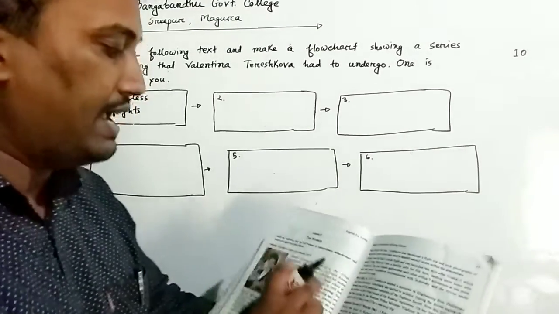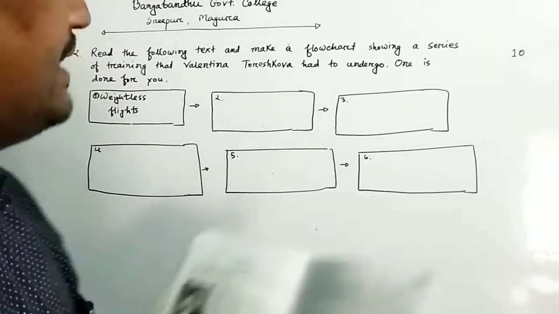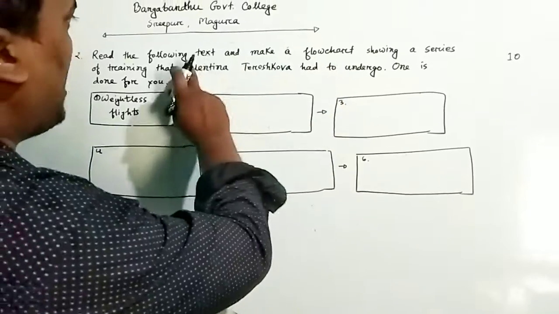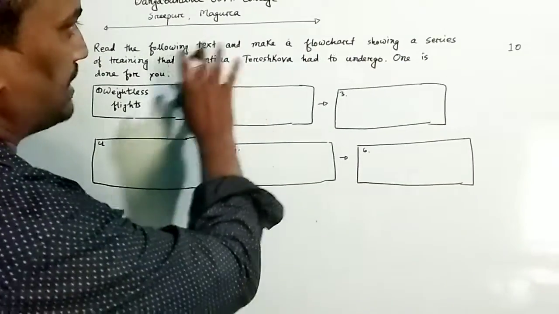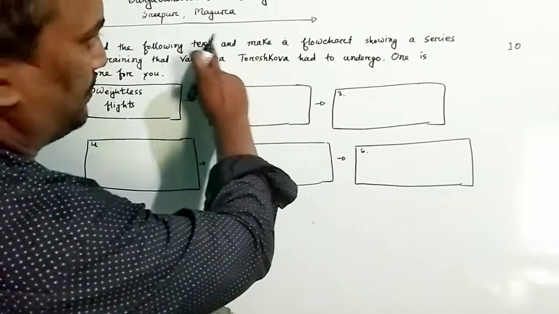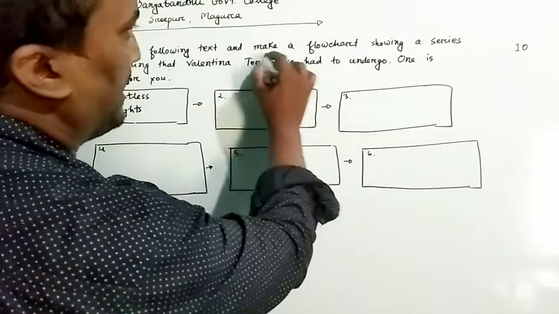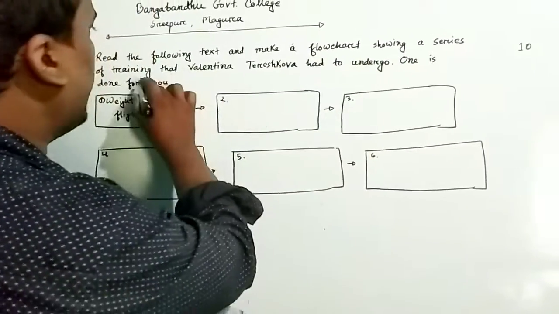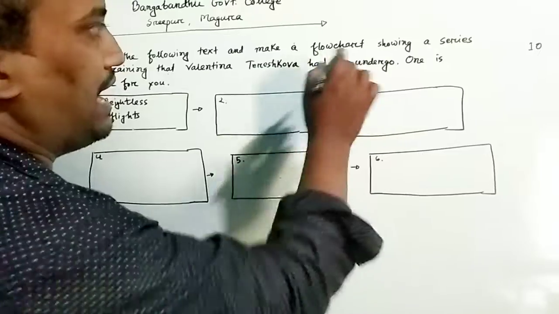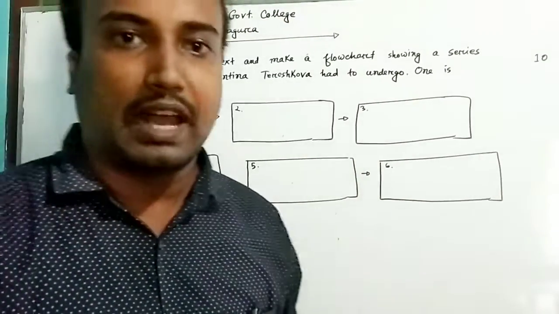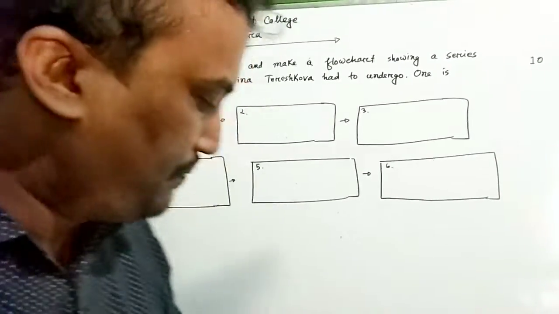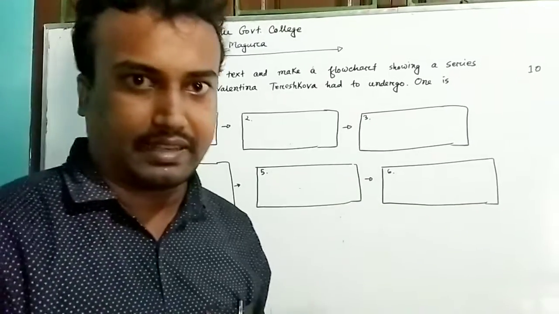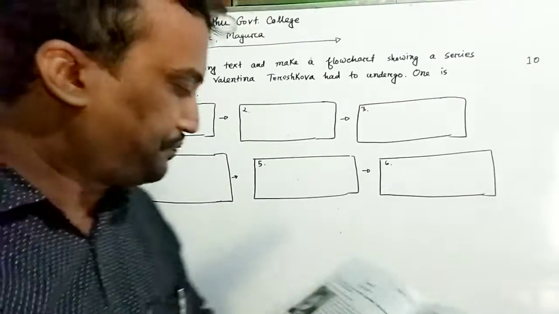So you have to find the answer. That is, you have to be careful. What is the question? So watch this line. Make a flowchart showing a series of training that Valentina Tereshkova had to undergo to become a cosmonaut. So let's read this text and find out the answer.